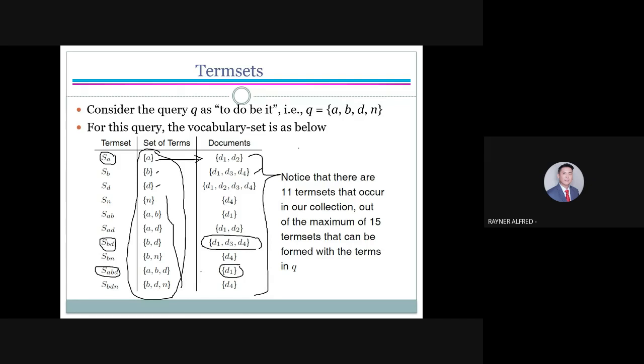So this is how we capture the term-term correlation or term dependency. Both symbols must exist in that document. So if you're okay, can you type number 3?